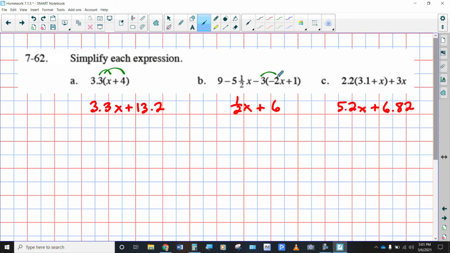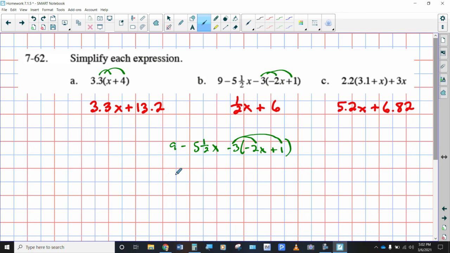Here, we're going to have to send in the dive bomber, and this is where students are going to make a mistake. So I'm going to work this one out entirely. 9 minus 5.5x minus 3 times -2x plus 1. That minus sign is a part of the 3. If I change this to plus -3, you would have to send in -3 times -2x and -3 times 1.